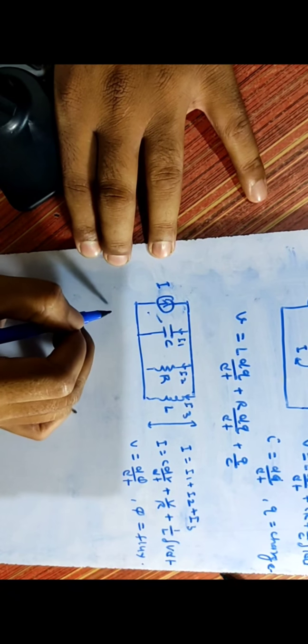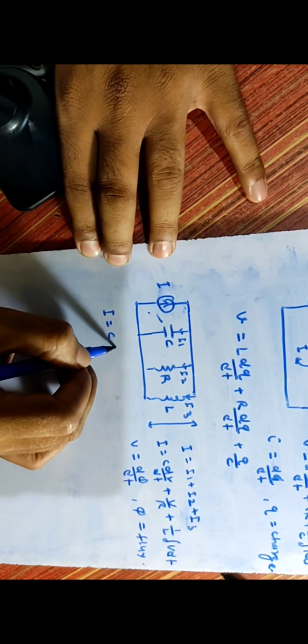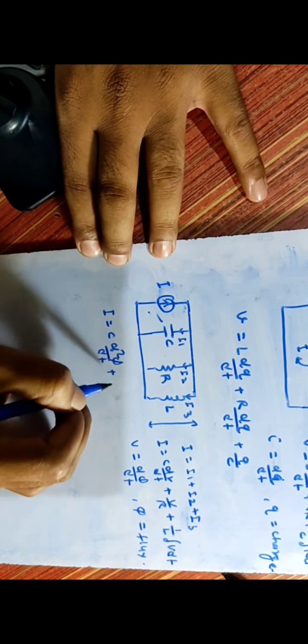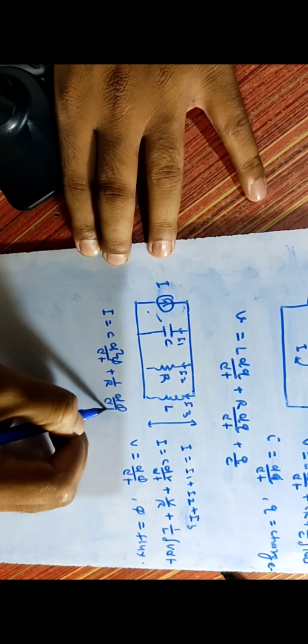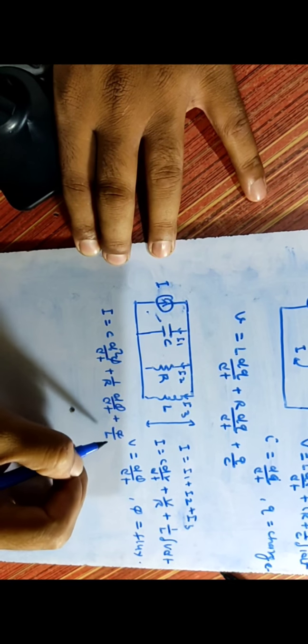So this equation can be written as I equal to C d²phi/dt² plus 1 upon R d phi/dt plus phi upon L.